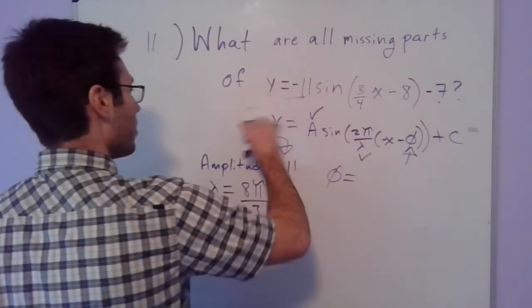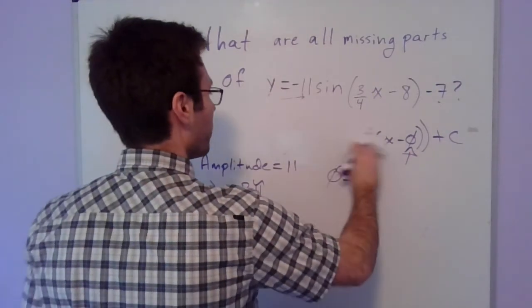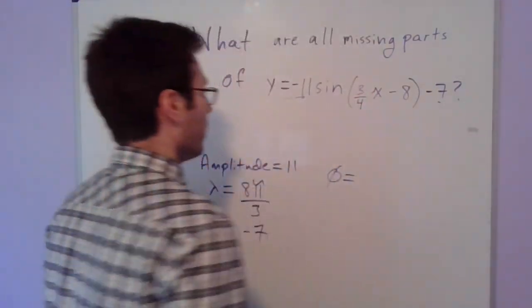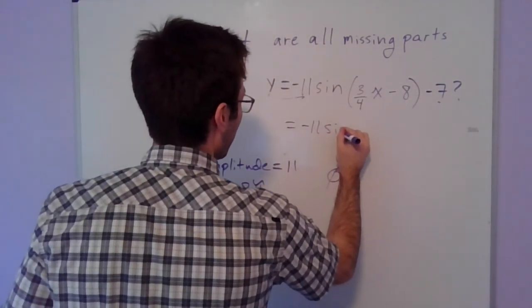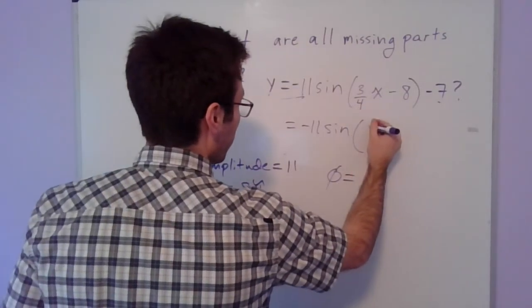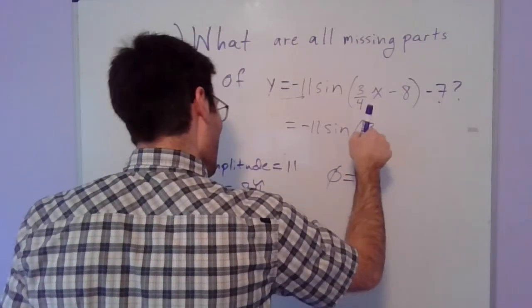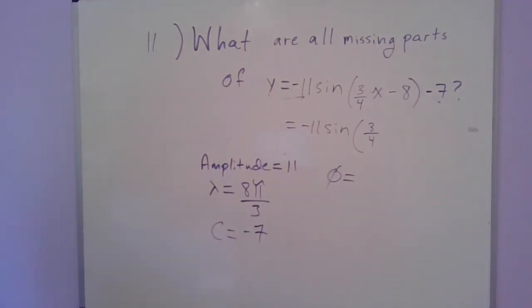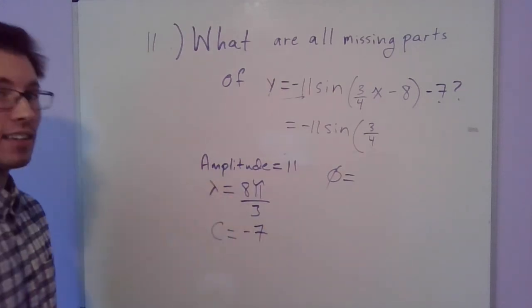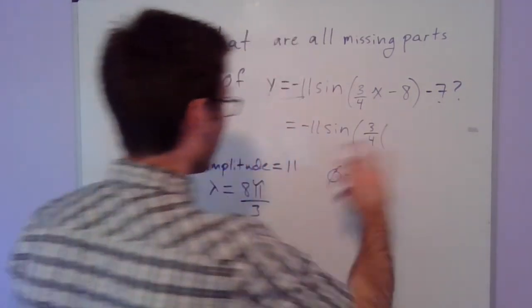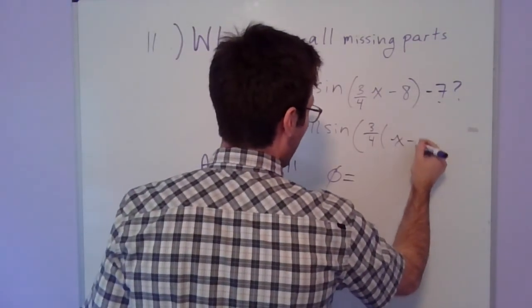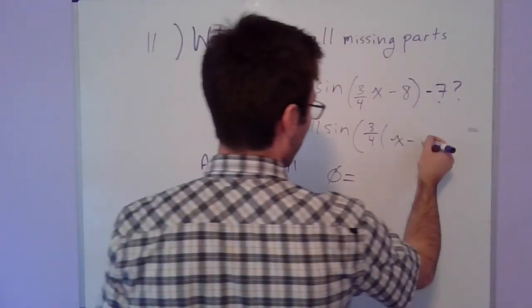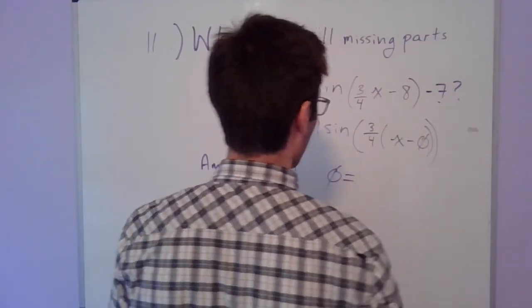All right, let's erase this. What I'm going to do, remember the trick, is that you take this 3 over 4 term and you put it right on the inside of that. And what do I do next? I need more parentheses so I have something on the inside. Now it's going to be x minus, and then I'm just going to write phi in hopes to solve for it.